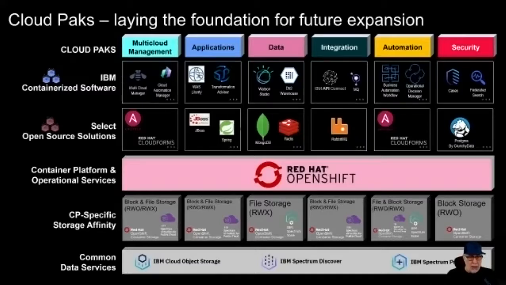There are others, and for most of these, there are select third-party, either open source or commercial offerings that are integrated and made available as part of it as well. So, for example, Ansible for workload automation and asset management, as well as Red Hat CloudForms. Again, there are many others, and if you go into the website here, we can find each of them individually and see what's included in each.